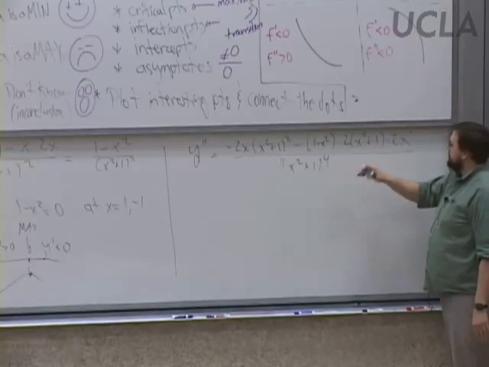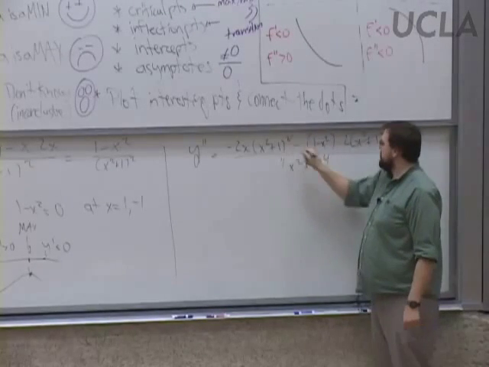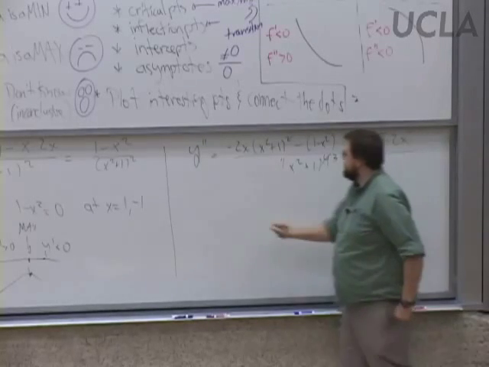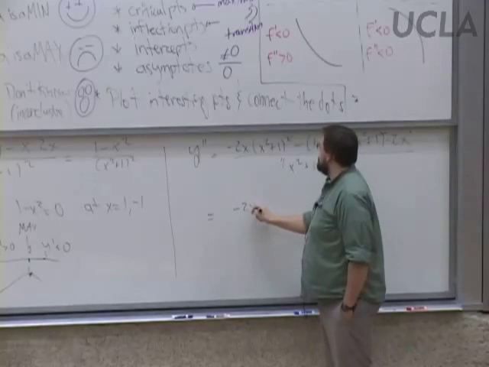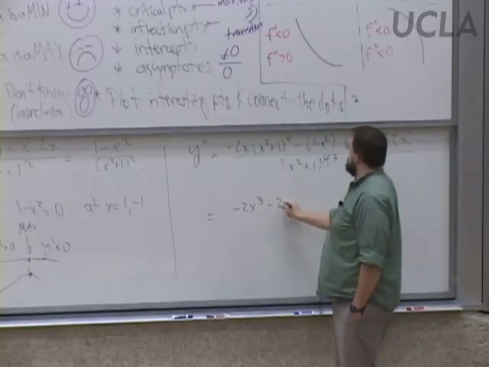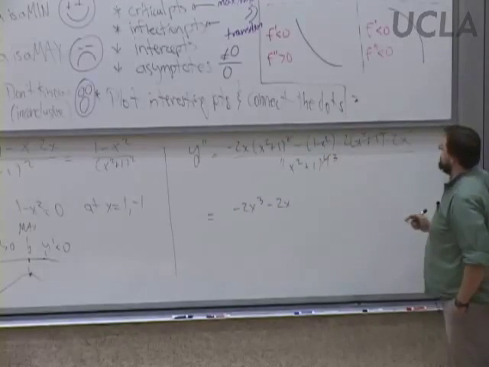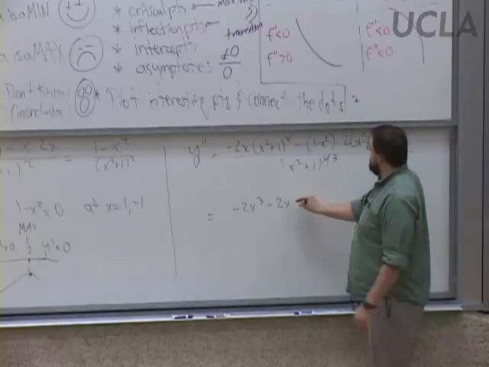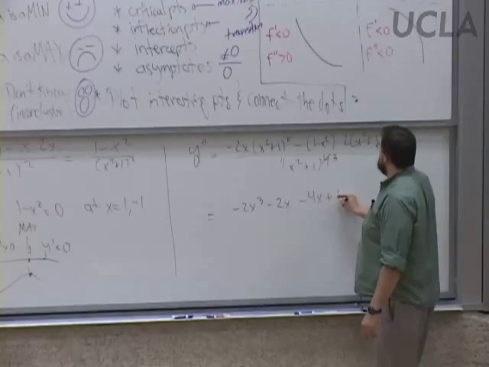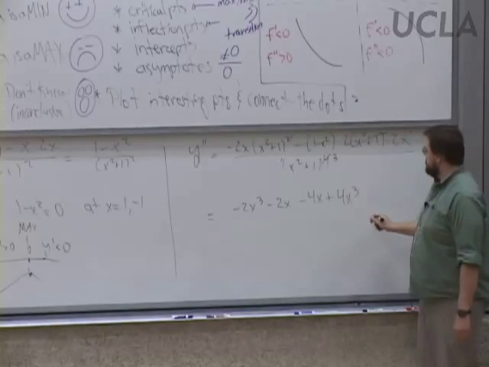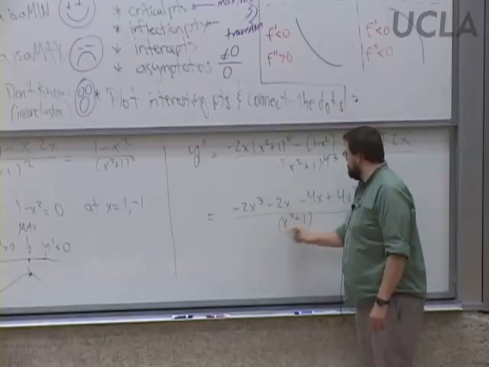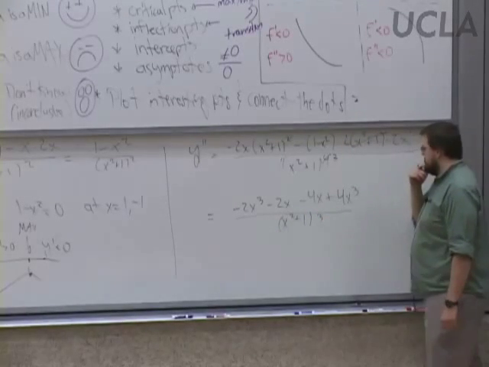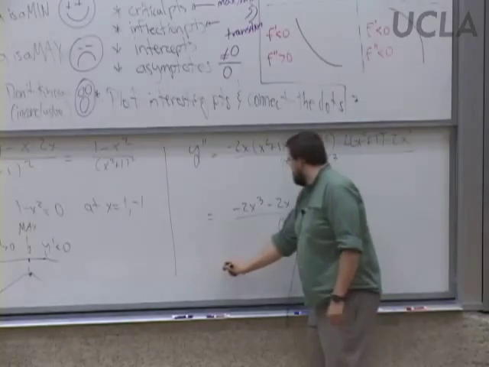Now everything has an x squared plus 1, so I'm going to cross out a single x squared plus 1, make that cubed. Now if I multiply this out, I get minus 2x cubed minus 2x, then minus 4x plus 4x cubed, all divided by x squared plus 1 cubed, which I can rewrite again.